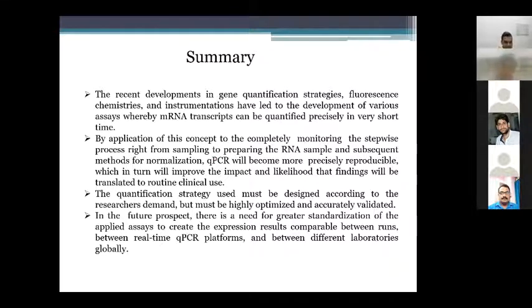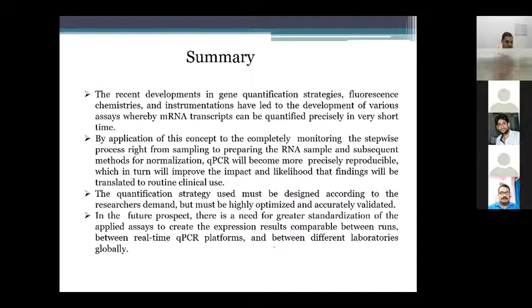So the quantification strategies used must be designed according to the researcher's demand, but they must be highly optimized and accurately validated. In the future, there is a need for greater standardization of the applied assays to make experimental expression results comparable between runs, between real-time qPCR platforms, and between different laboratories globally.